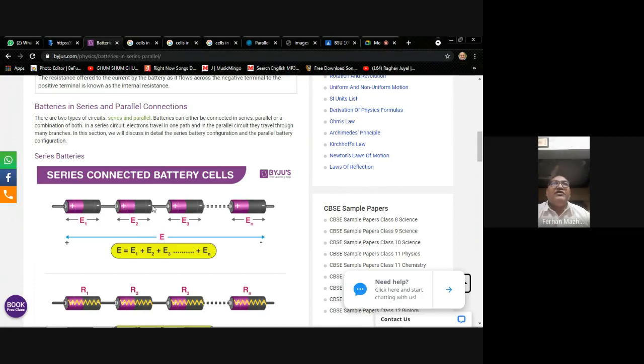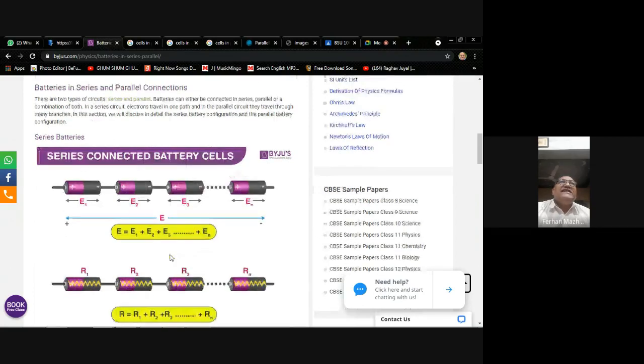The negative of cell number two is connected with the positive of cell number three, and so on. You can put more. If you put the cells in this way, you have connected them in series. So the EMF of the combination will be equal to E1 plus E2 plus E3. So this is how we do this.